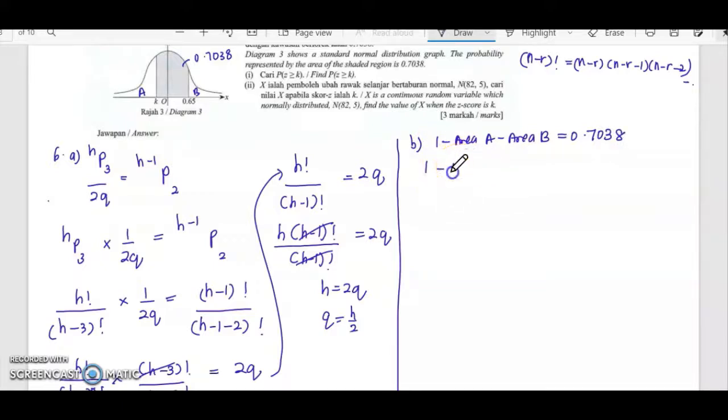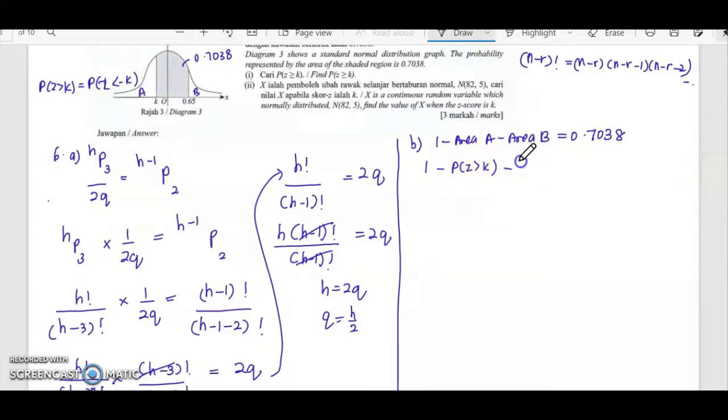Sebenarnya kita dapat daripada Z lebih daripada k. Kenapa k? Sebab area kat sini negatif. Jadi, kita akan ambil area negatif. As we know that area negatif adalah sama juga dengan area positif. Sebab disebut ialah sepatutnya kurang daripada k. Jadi, kita akan ambil k tu sama jugalah.